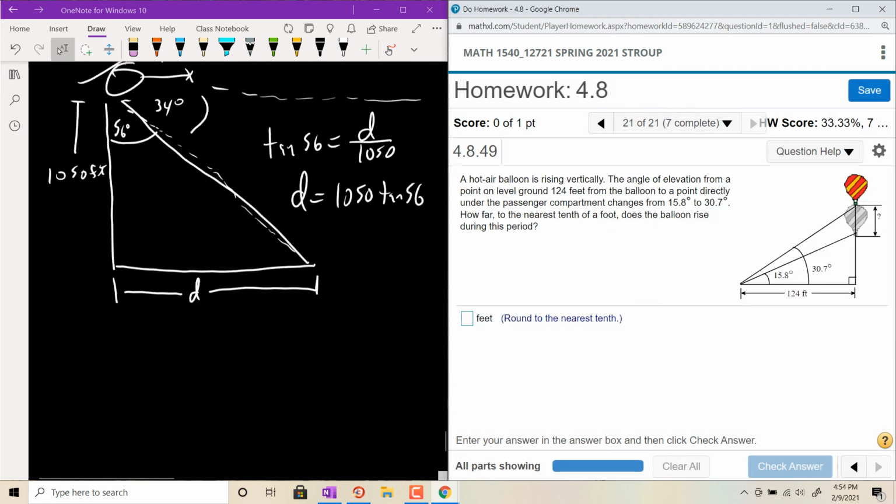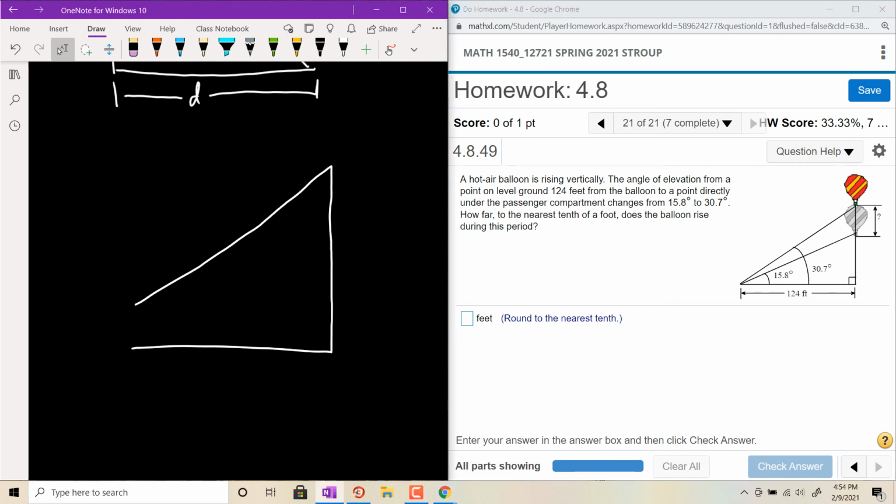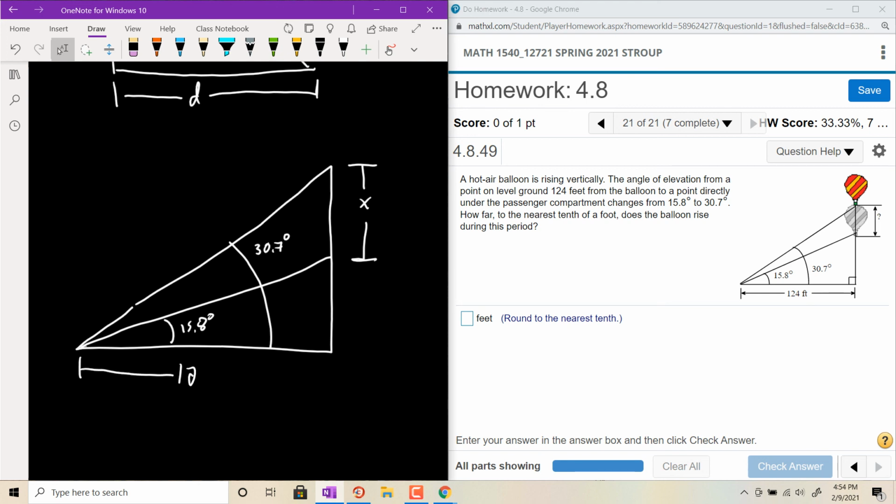Okay, so there's a weird hot air balloon problem. It's kind of a double triangle scenario. This is our x that we're trying to figure out. We have two angles given, 30.7 degrees and 15.8 degrees, and this distance is 124 feet.